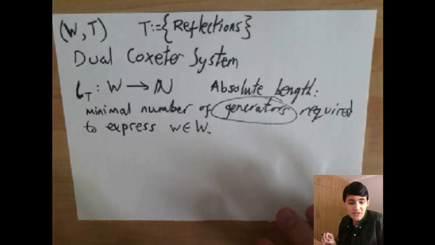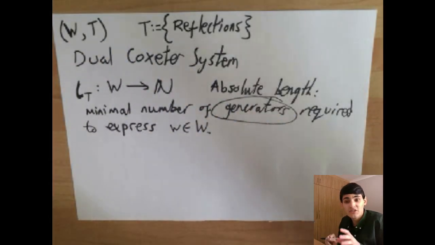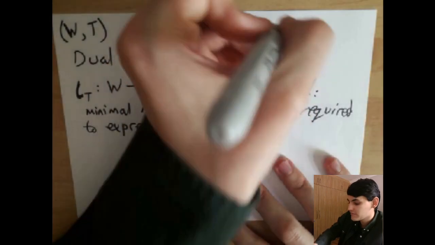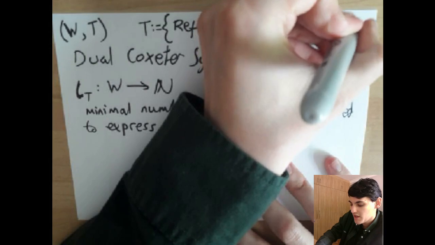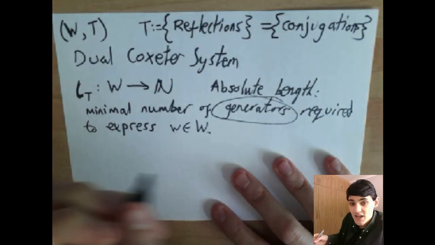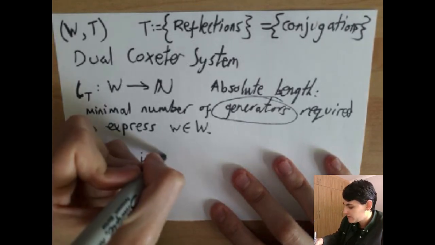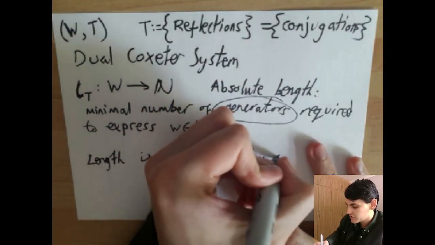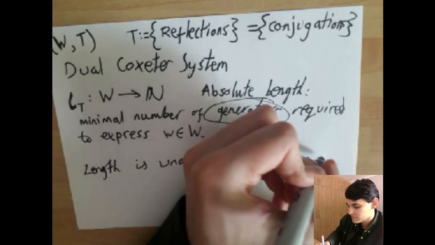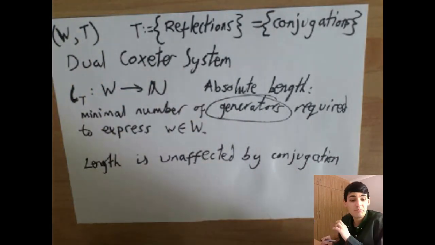But an interesting thing is that because reflections are conjugations, we have the property that the length is unaffected by conjugation.